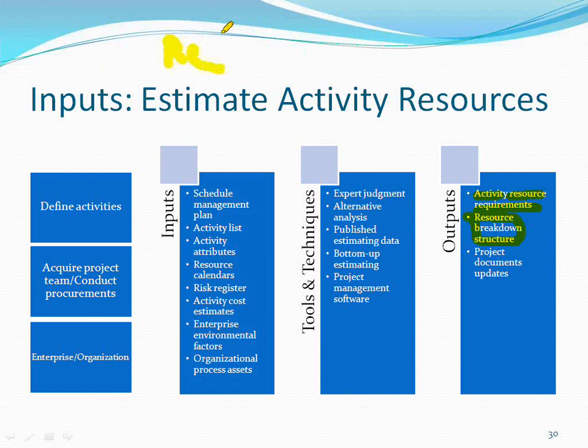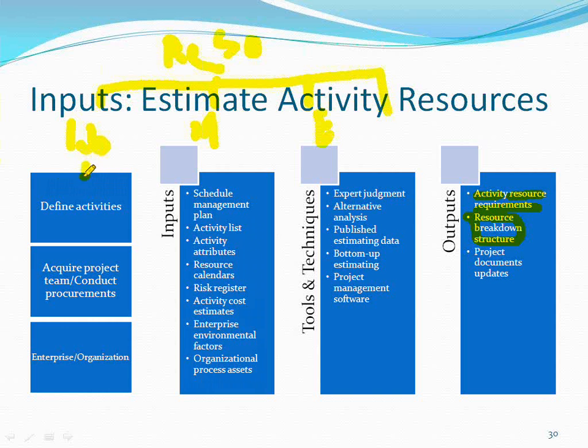Now you will list like this. Different categories you will develop into a structure. Labor, one resource. Material, one resource. Equipment, another resource.